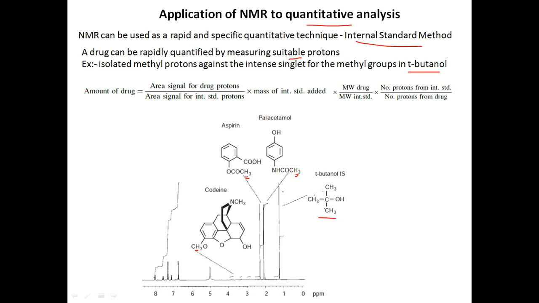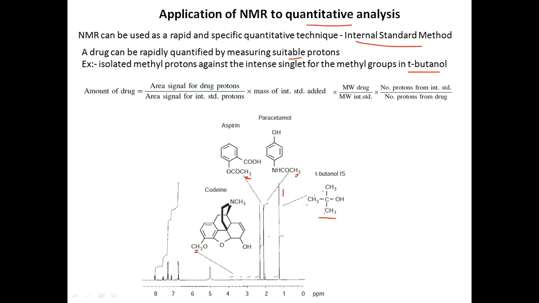Its peak intensity will be correlated to the peak intensity of the respective methyl proton under analysis. Let's say you take aspirin or paracetamol or codeine, which have specific methyl protons. Isolated methyl protons which are singlet in nature, not a doublet or multiplet, and which don't interact with others, are the ones considered.